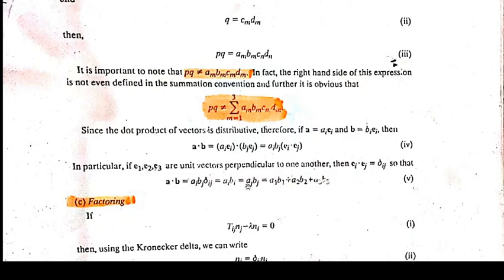It can be either ai bi or aj bj, it would be a1 b1 plus a2 b2 plus a3 b3. So a dot b equals simply ai bi.